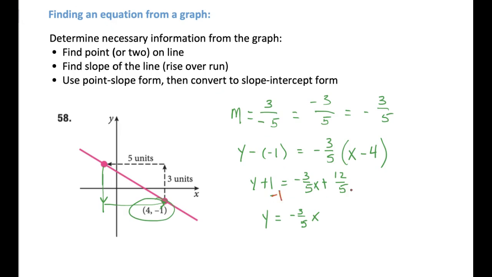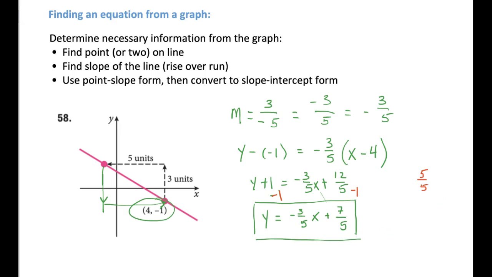Minus 1 and minus 1. And remember, 1 is the same thing as 5/5. So we're subtracting 5/5 from 12/5. So we get 7/5. So plus 7/5. Okay, so stop there and look back at my work with the fractions if you didn't follow me.